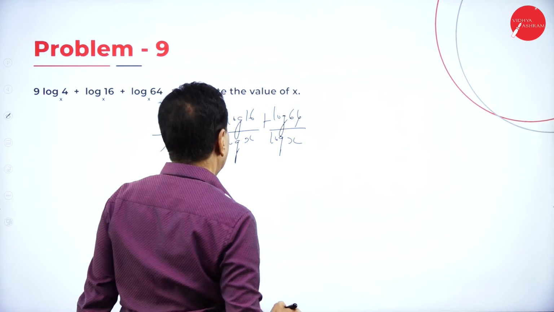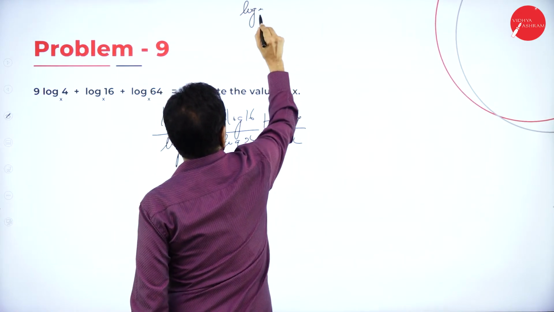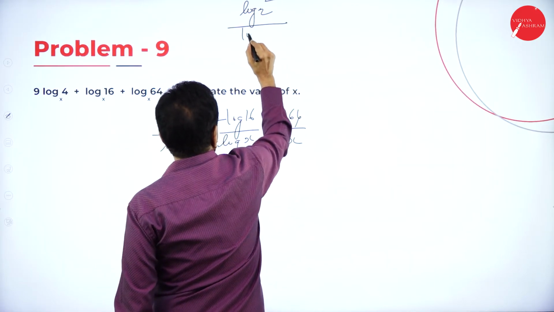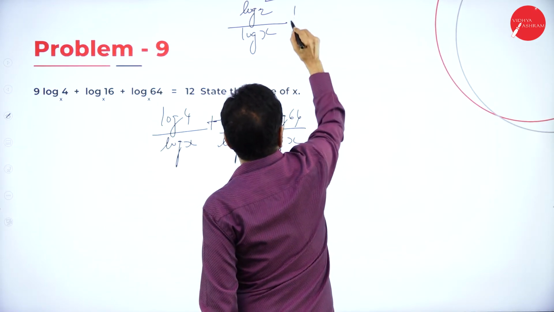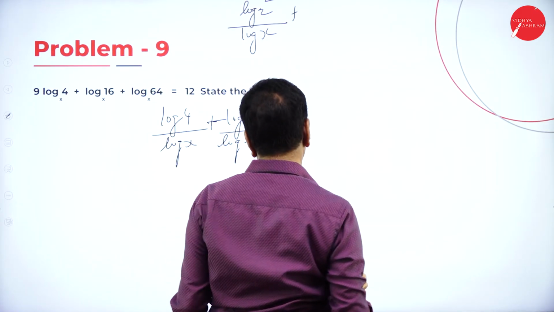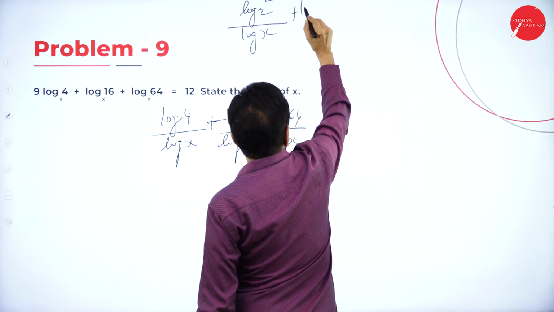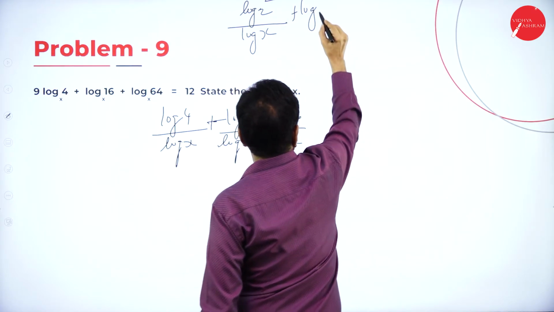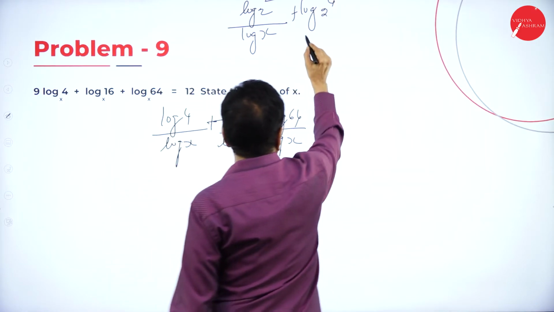This can be written as log 2 square divided by log x, plus log 2 to the power of 4 divided by log x.